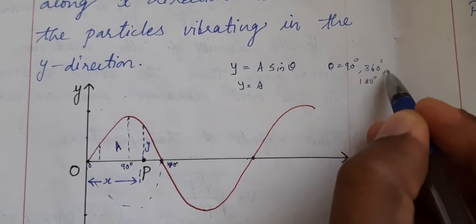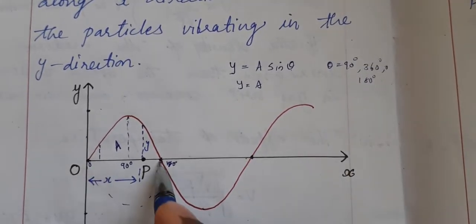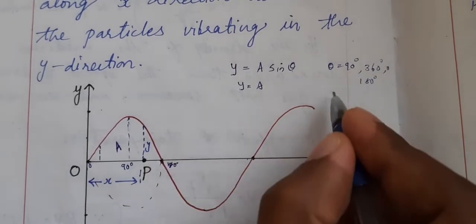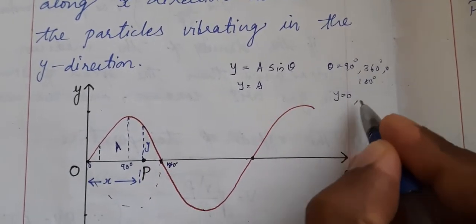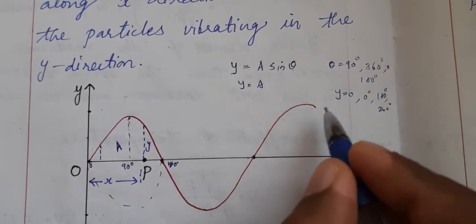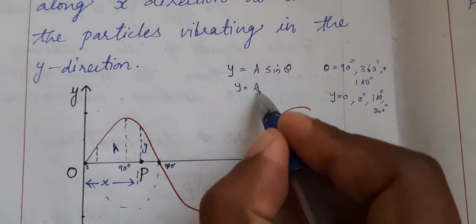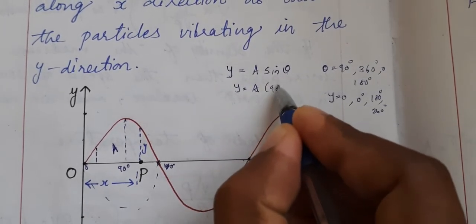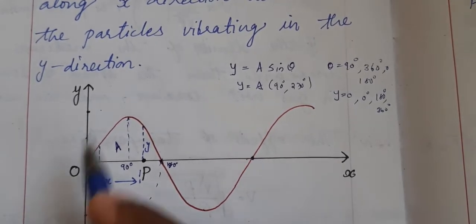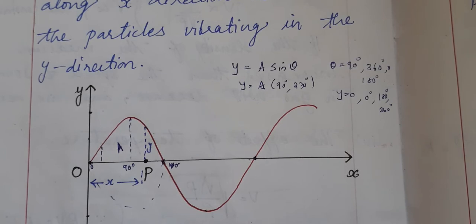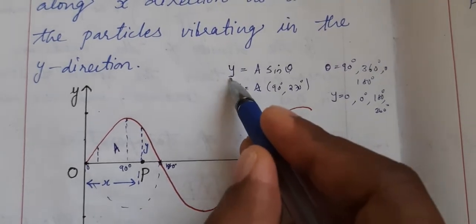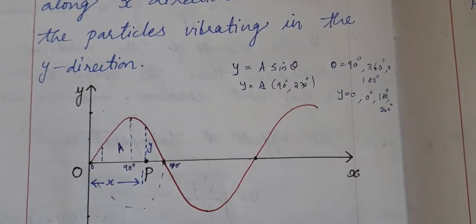So y is 0 for 0 degrees, 180 degrees, 360 degrees. It is maximum, that is y equals a, for 90 degrees and 270 degrees. So that's how this wave is represented. So I can write y equals a sine theta and represent the wave.